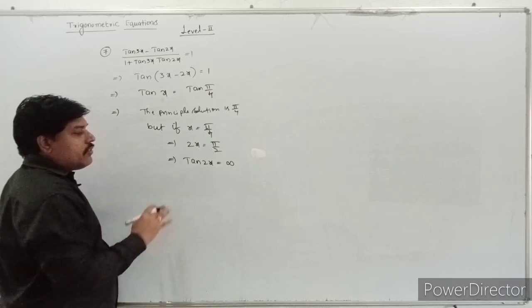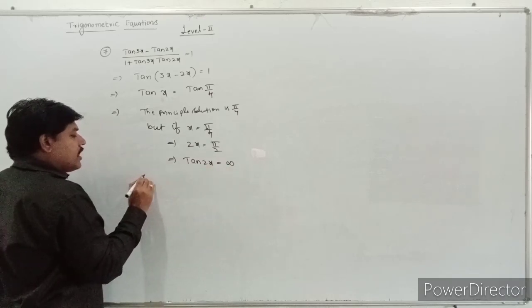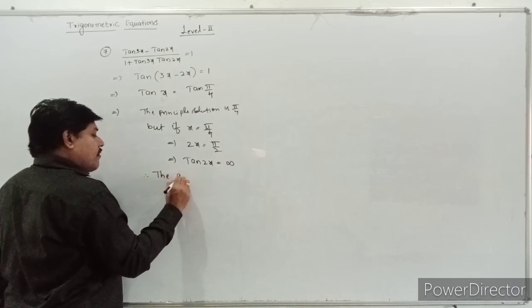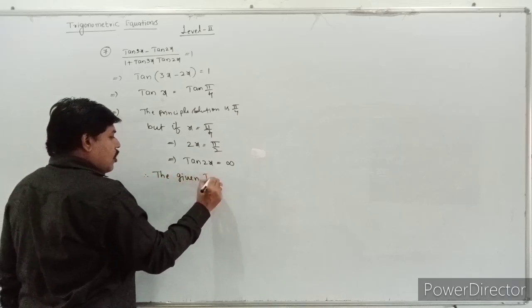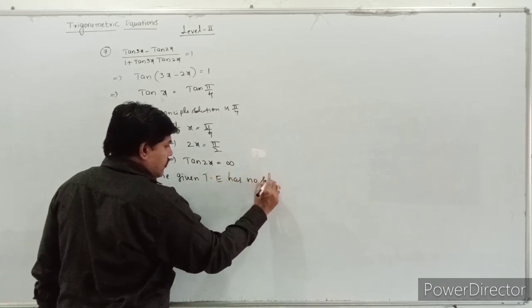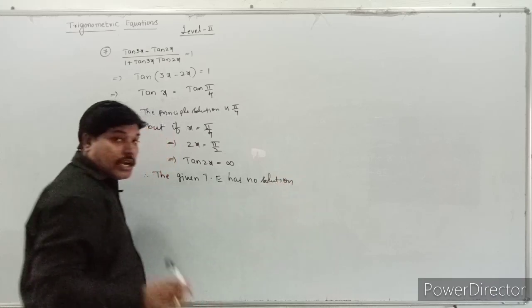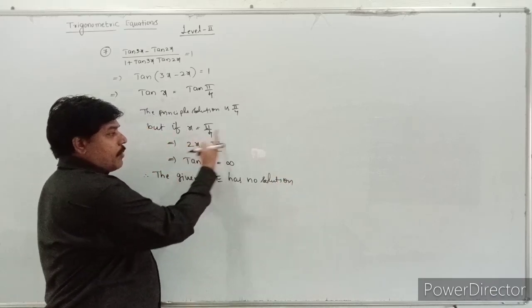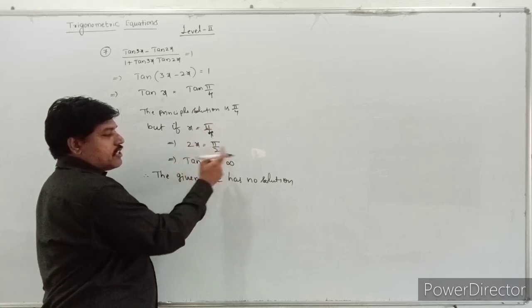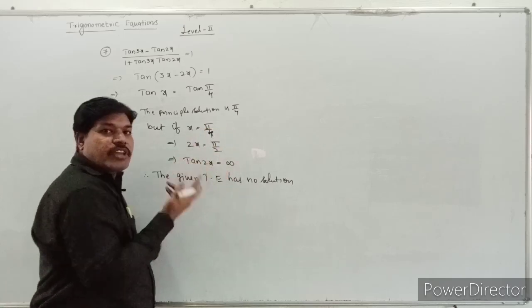So therefore tan 2x is equal to infinity. Then we can say that the given trigonometric equation has no solution. Do you understand, students? If x is equal to pi by 4, 2x will become pi by 2, then tan 2x will become infinity.